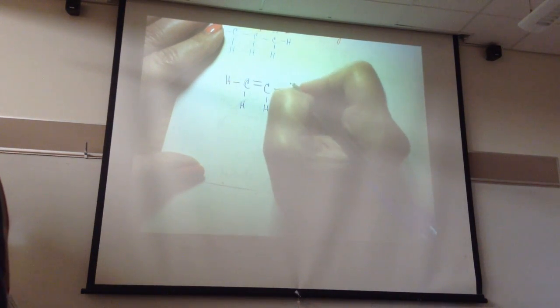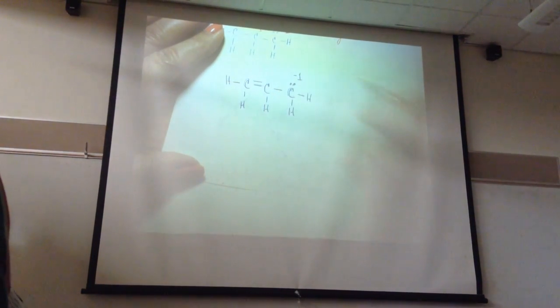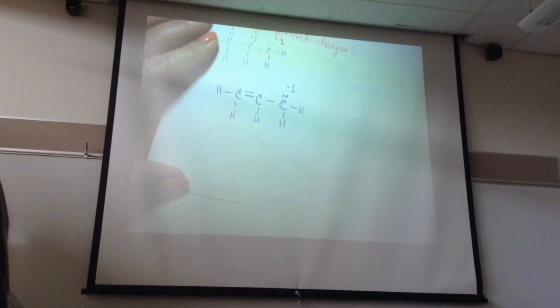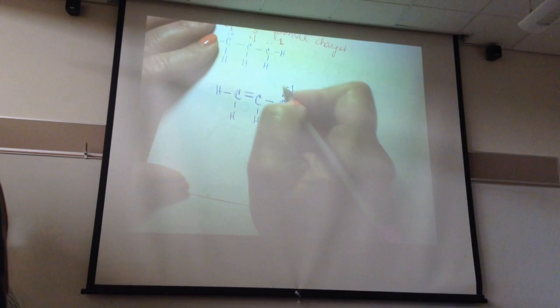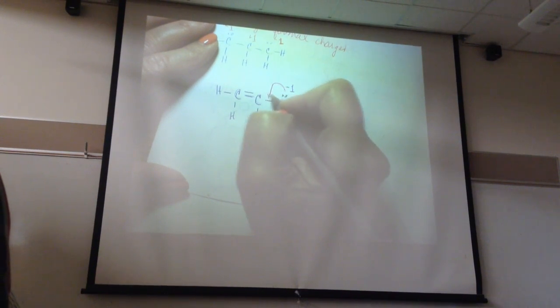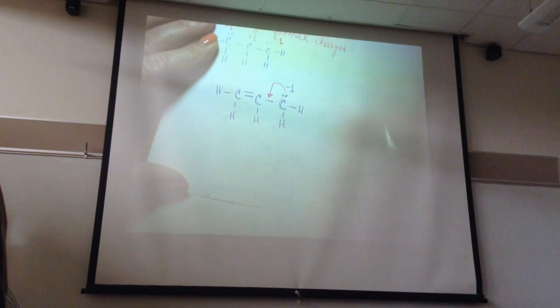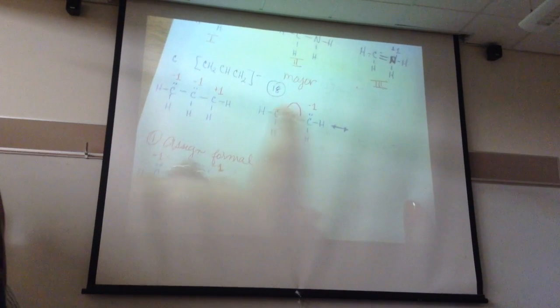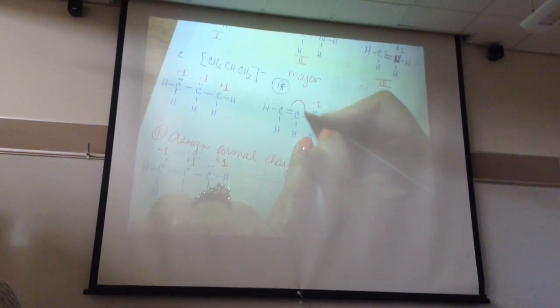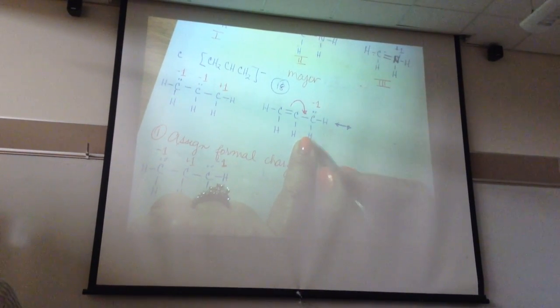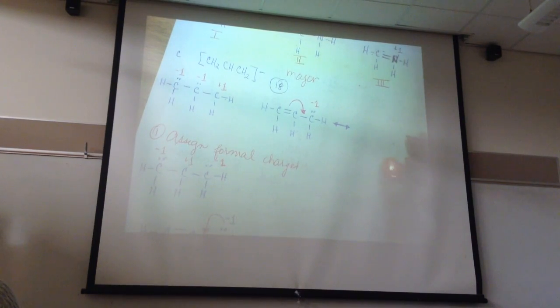Unacceptable. Okay. This is your -1. Your arrows always begin from a region of high electron density to low. My arrows were going to be totally wrong, and I would have marked you wrong. Is everybody there? If this was your arrows like I was about to do, this would have been wrong.